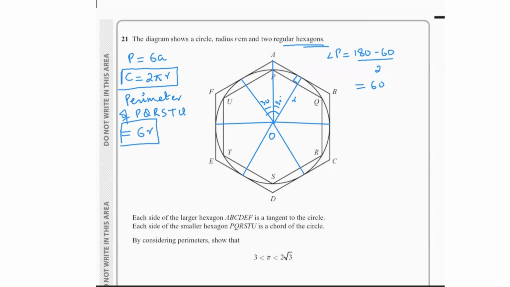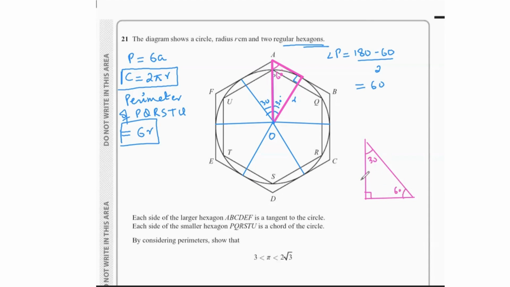So if I highlight this right angle triangle over here, that I'm trying to focus on, we can see that this would be 60. So if we draw this separately over here, it's a special right angle triangle: 90, 30, 60.